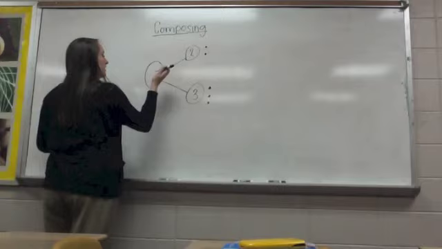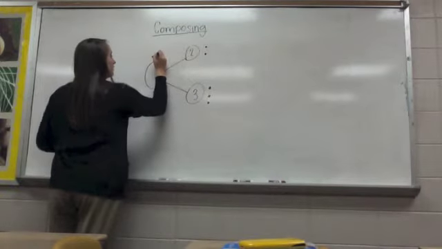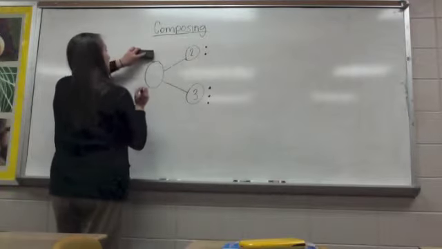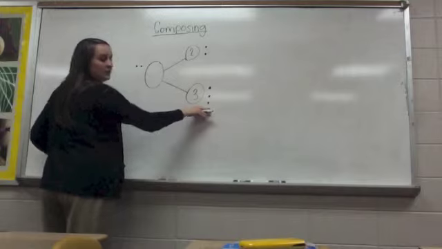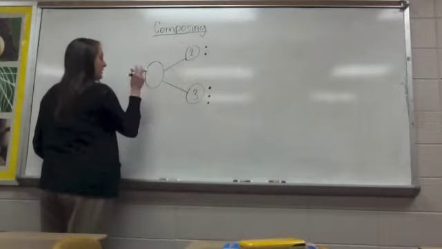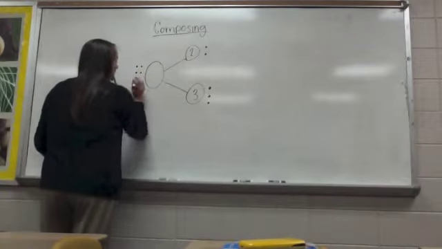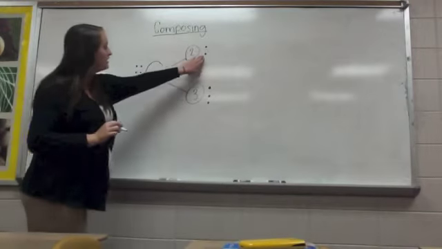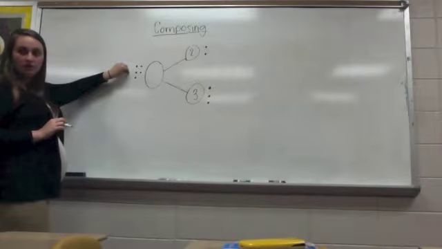So we take these 2 dots and put them over here, where we can put them all together. 1, 2, and then take your other hearts and put them in this side. 1, 2, 3. So we took these 2 and we took these 3 and we composed them together.